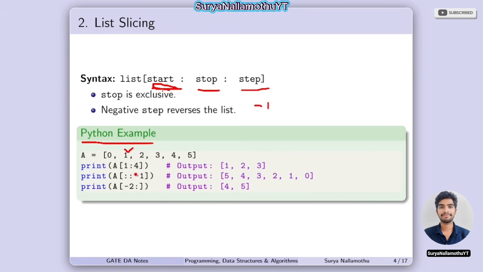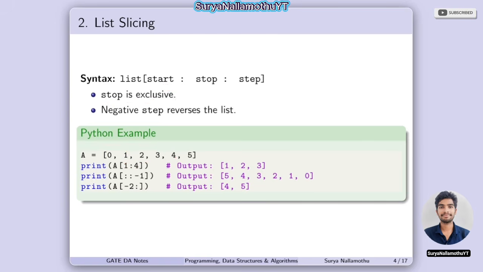The second one means the stop element. We can't include this. Stop is an exclusive term, right? So we start with 1, then 1, 2, 3, 4. The fourth element is the stop index, so we can't include the stop. The answer will be 1, 2, 3.